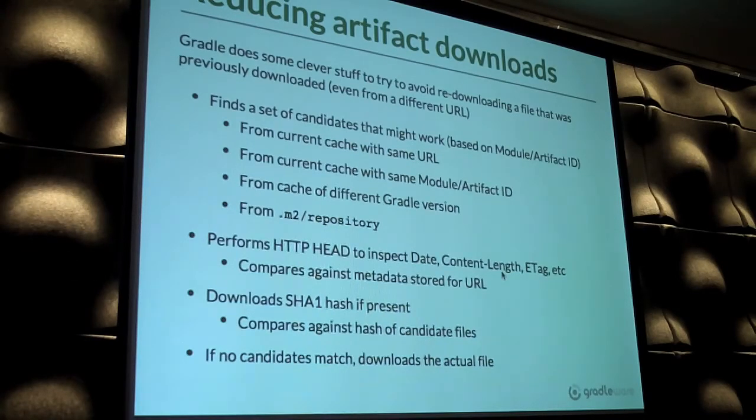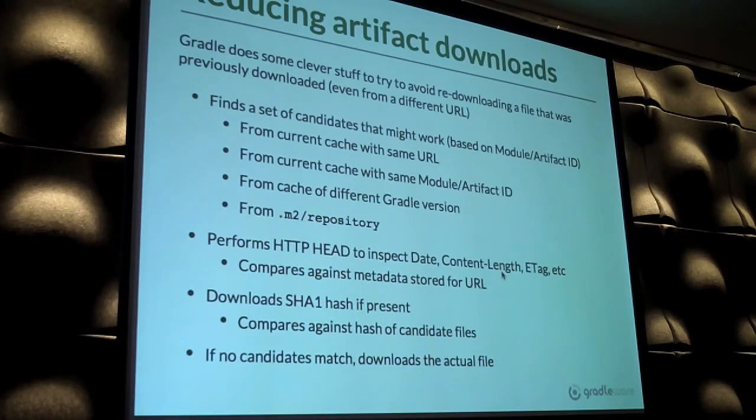Often that's not the case. So the next thing we do is look for the artifact name with .sha1, which is a really standard publishing paradigm. We use that SHA-1 hash. It's a small file, 128 bytes or something. Download that, compare it to all of the artifacts we've got as candidates, and if one of them matches, we reuse it. The other thing we do is content length and date. If we have the same URL, same content length, and same date stamp, we assume it's the same artifact as well.